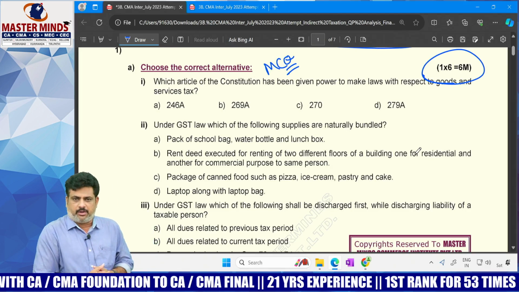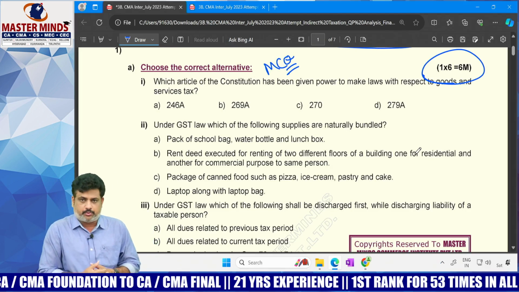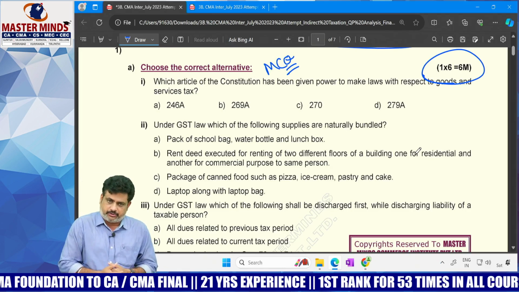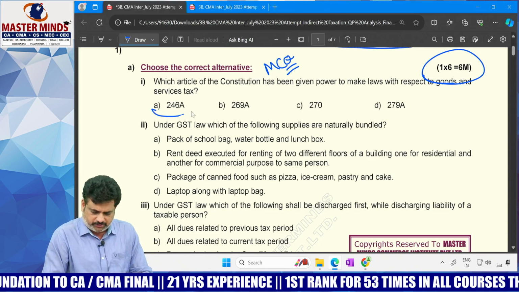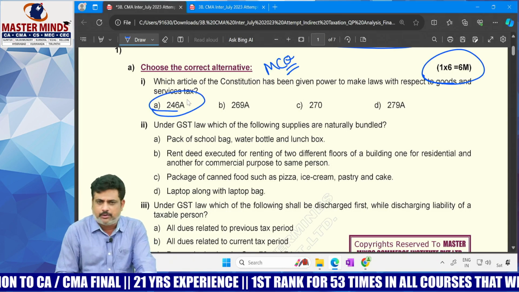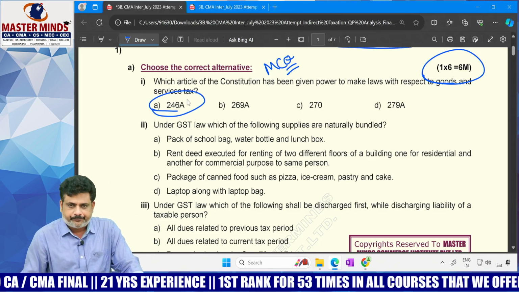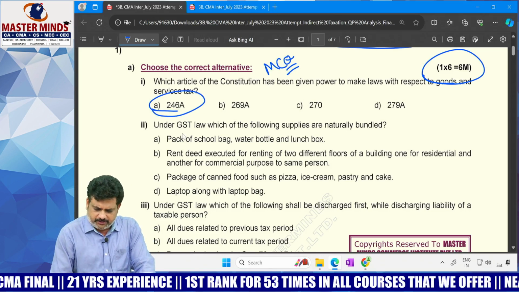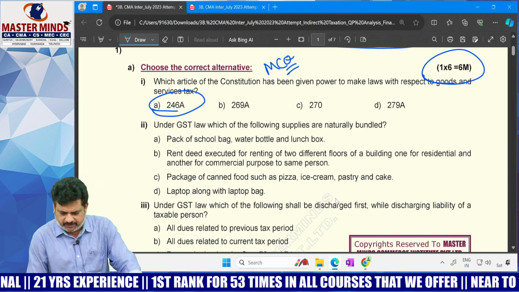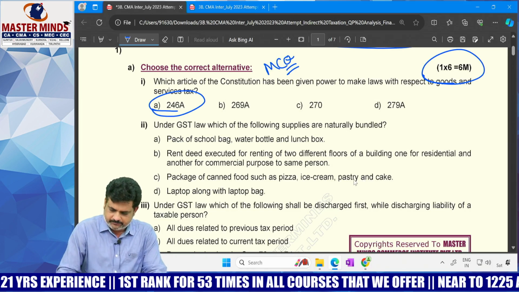See the first one, we'll randomly check a few things here. Which article of the Constitution has been given the power to make the law with respect to GST? The straightforward question, article number 246A, no twist. See the second one: under the GST law, which of the following supplies are naturally bundled?